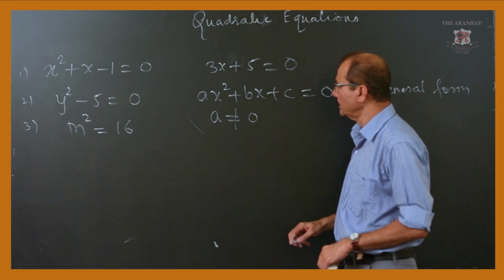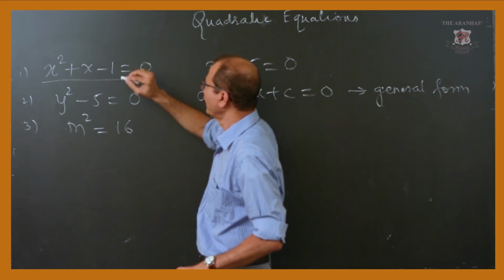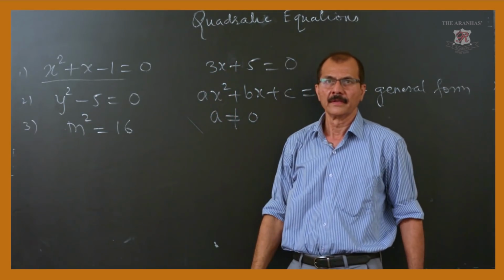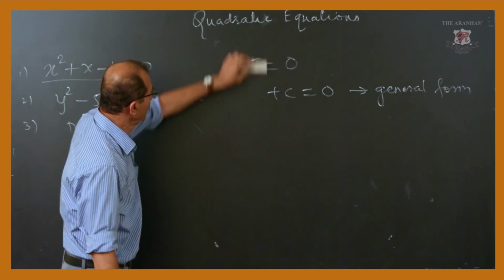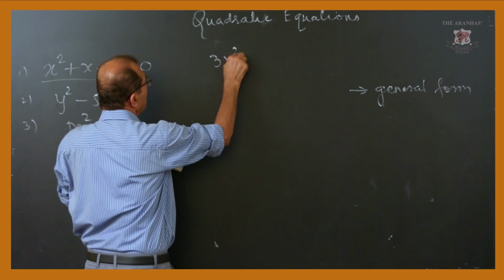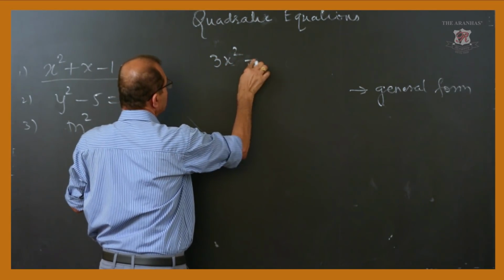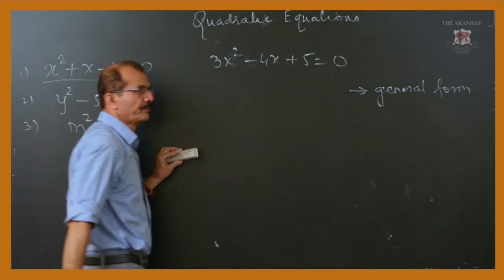For example, if I take equation number 1 here, 3x square minus 4x plus 5 equal to 0.